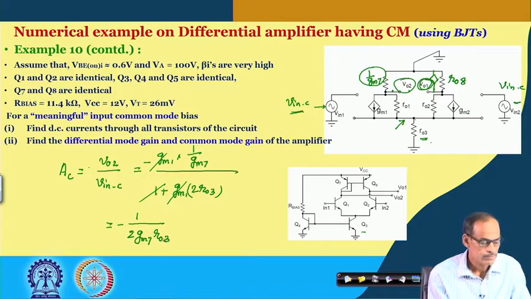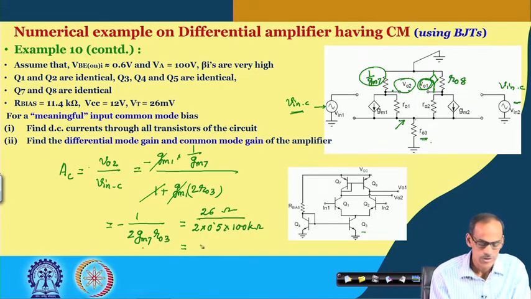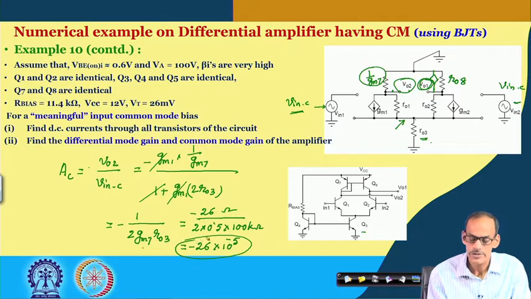In fact, GM7 is given to us, so it is 26 divided by 2.5 milliampere, 2 into 0.5, and then RO3 is 100 K. So, that gives us how much? 6 into 10 to the power minus 5, sorry. So, the common mode gain is really very small.